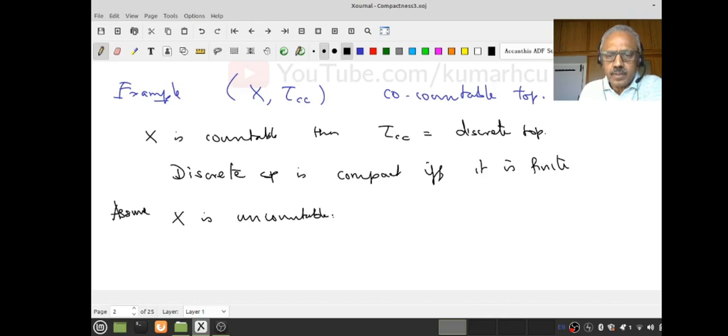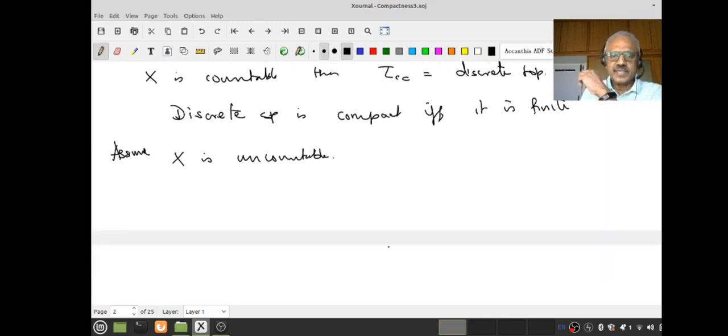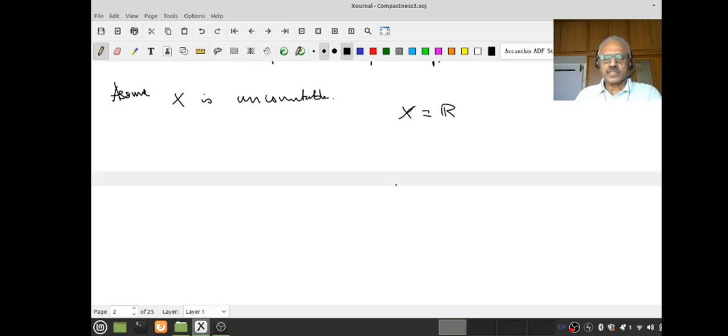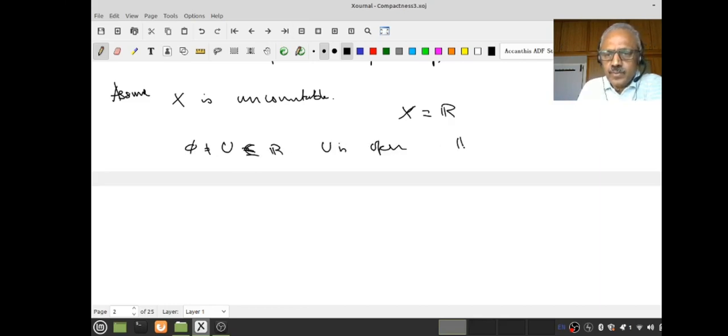First, to make ideas clear, let me take X equal to R. Now what are the open sets? If I give you a non-empty U in R, then U is open if and only if U complement is countable, right?